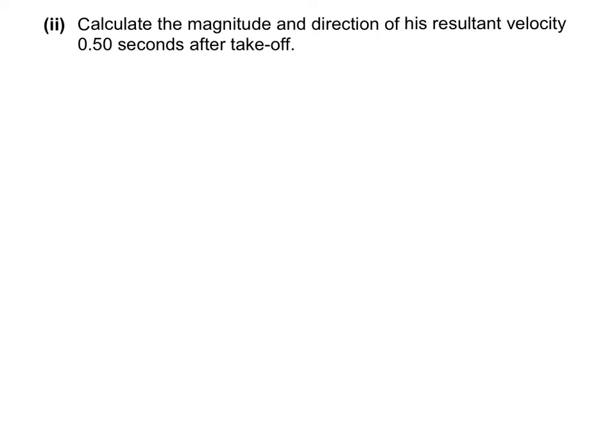So part 2 here: calculate the magnitude and direction of his resultant velocity 0.5 seconds after takeoff. That's going to be just before he reaches the halfway mark, so it'll still be pointing up slightly. There's some point just before he reaches the halfway where he has a velocity half a second in.